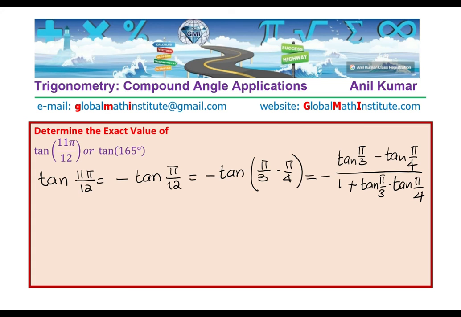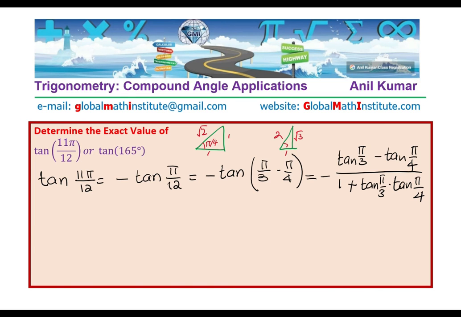Now for the exact values of tan pi by 3 and tan pi by 4, you can use the special triangles. So we are using these two special triangles. So pi by 4 or 45 degrees, we know 1, 1, square root 2, and here it is 1, 2, square root 3, right?